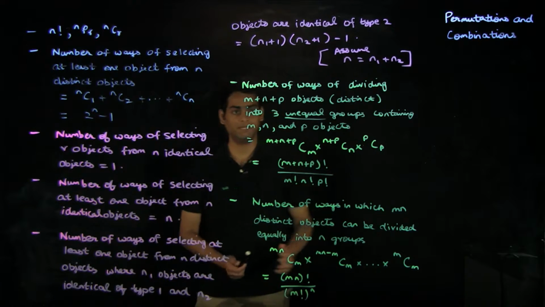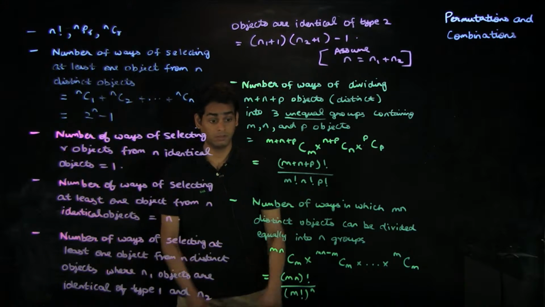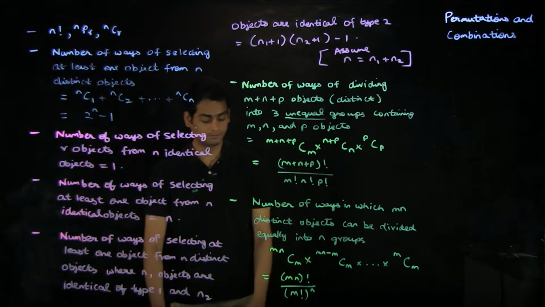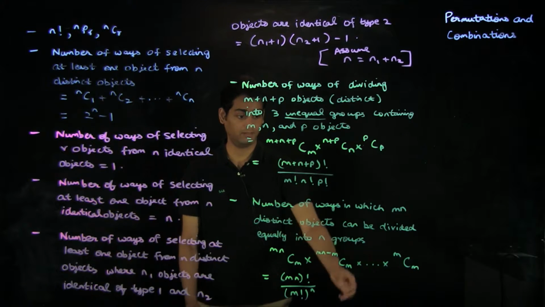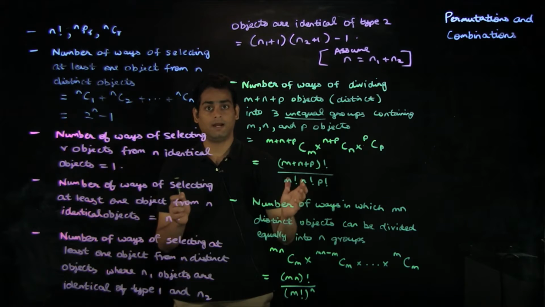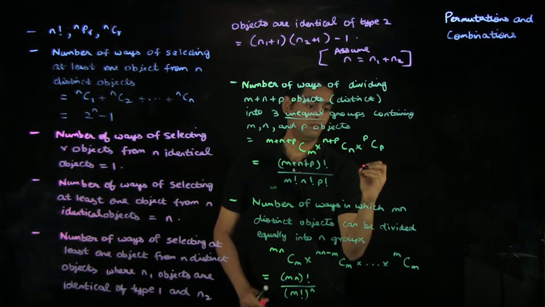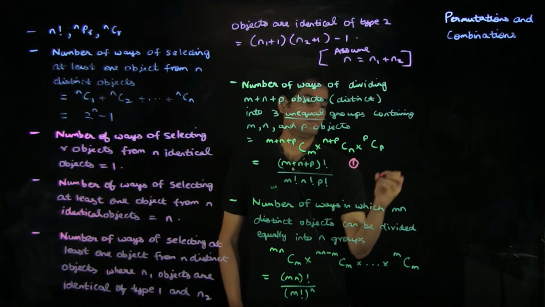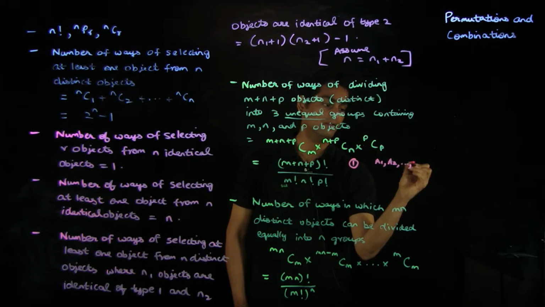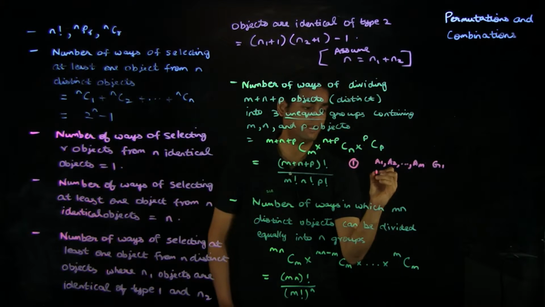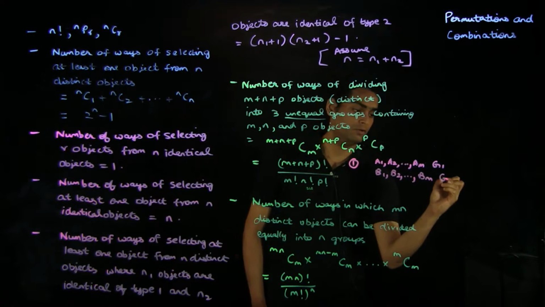So far our derivation has been similar to the previous case when we had 3 unequal groups, but now we have n equal groups. Since we have n equal groups, notice that the ordering between the groups themselves shouldn't matter, since we haven't specified that the groups are distinct. Suppose the first arrangement has objects A1, A2 till Am in group 1, and objects B1, B2 till Bm in group 2, and so on.